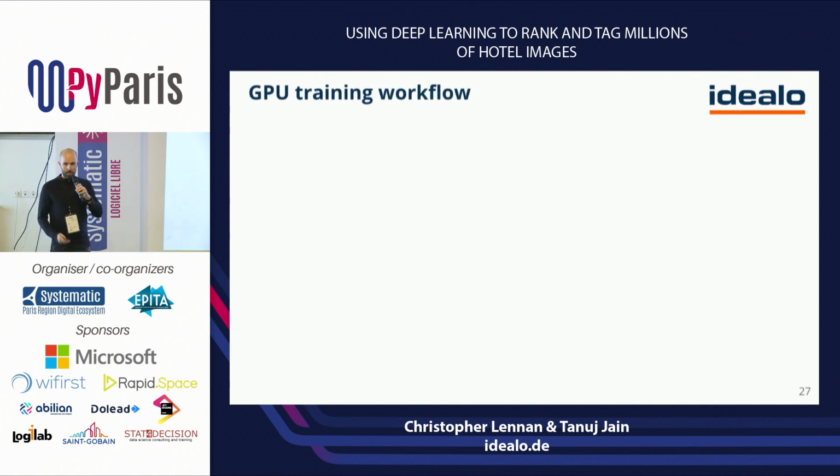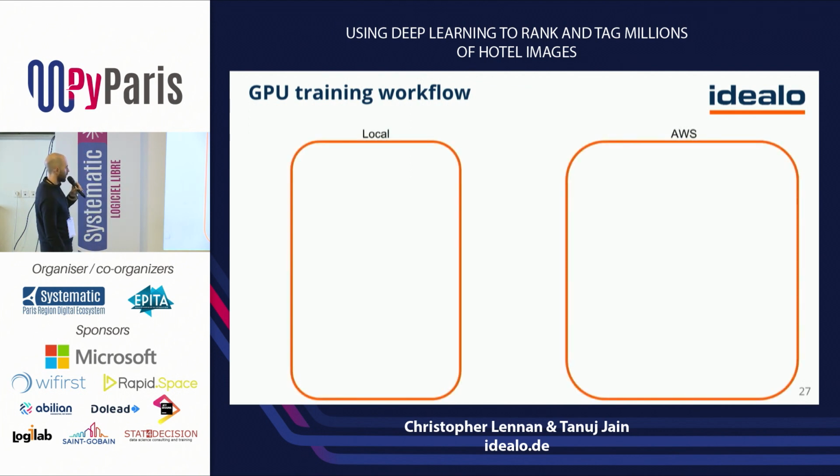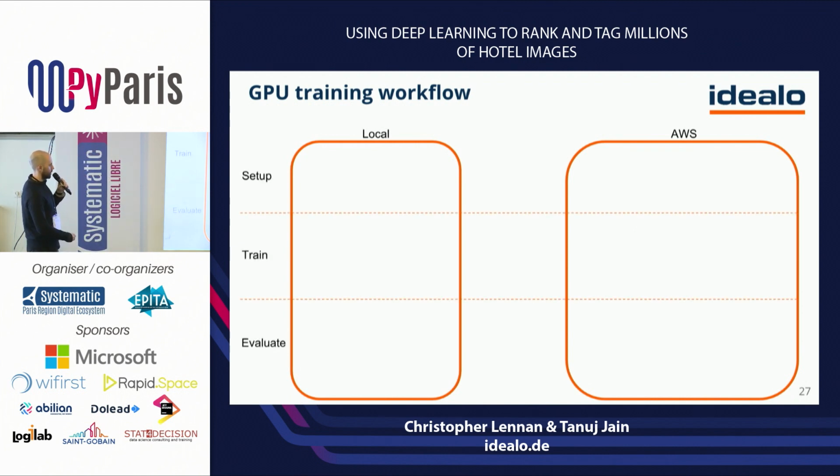I'm just going to show you real quick also the GPU training flow that we have for our project. On the left box you have the local setup, and on the right you have the Amazon AWS setup. The top layer will be the things we need at the beginning to set the whole thing up. Then we have a train phase and an evaluation phase.